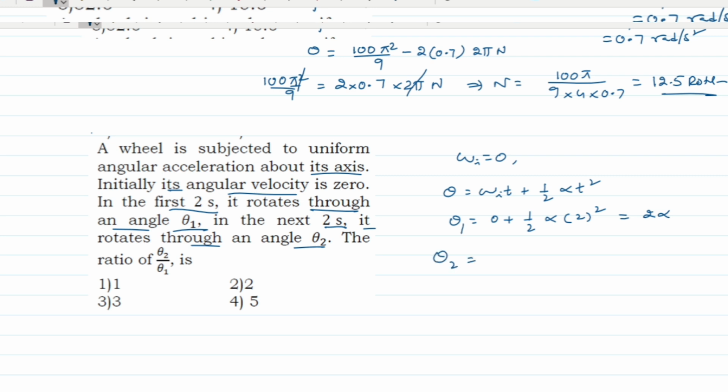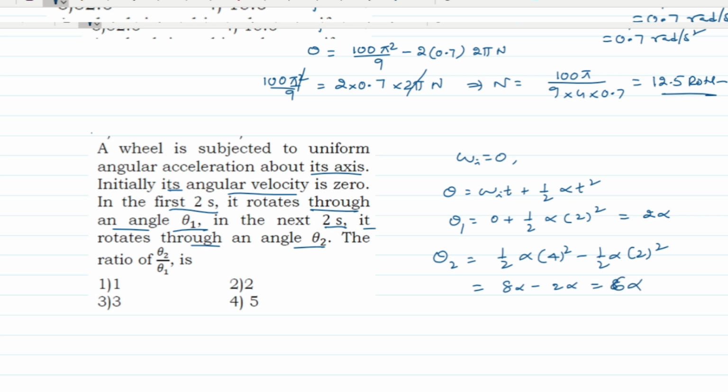Theta 2, for the next time interval, is half into alpha into 4 square minus half into alpha into 2 square. 4 fours are 16, 16 by 2 is 8, so 8 alpha minus 2 alpha, which is nothing but 6 alpha.